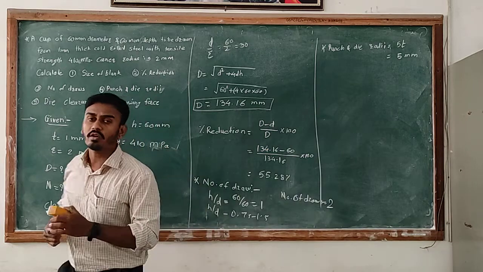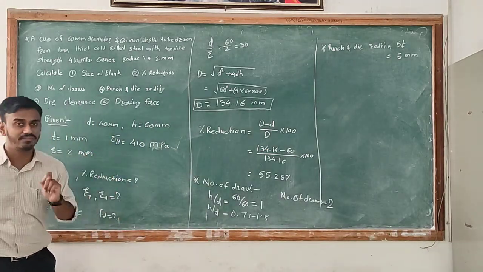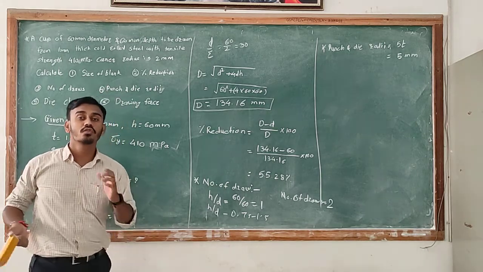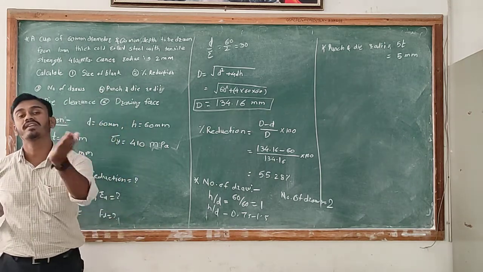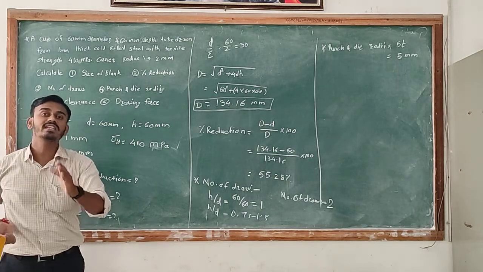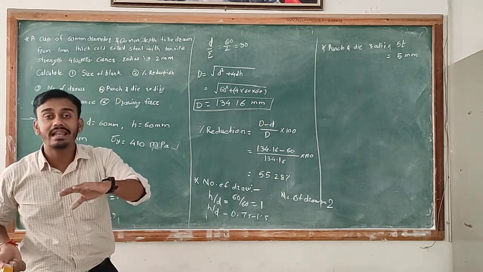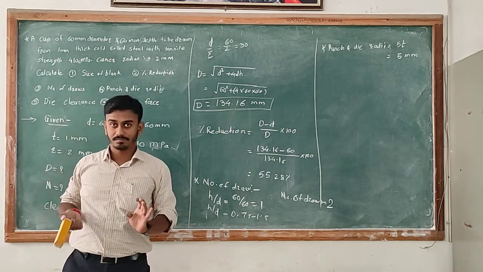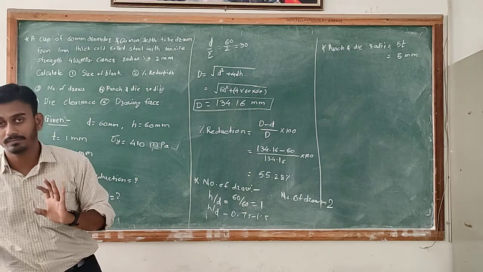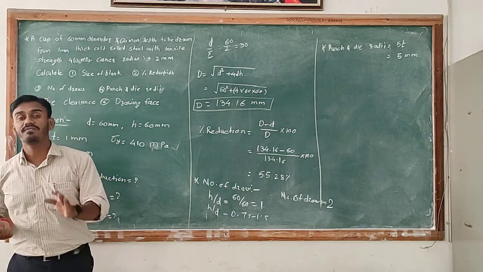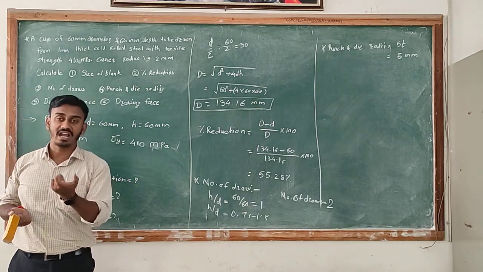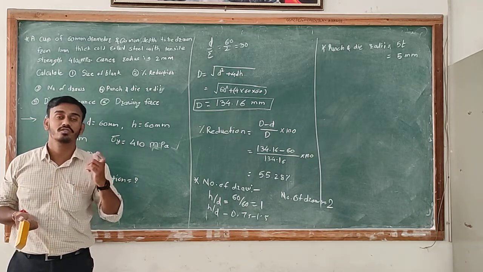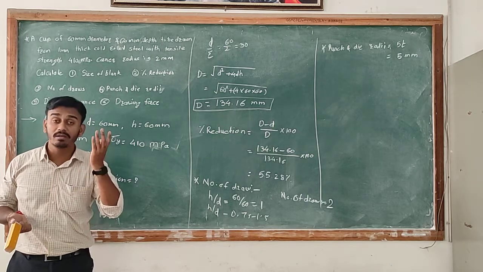What should happen if this punch and die radius is less than 4 times or greater than 10 times? If the punch and die radius is less than 4 times the thickness of the blank, then cutting action will take place.